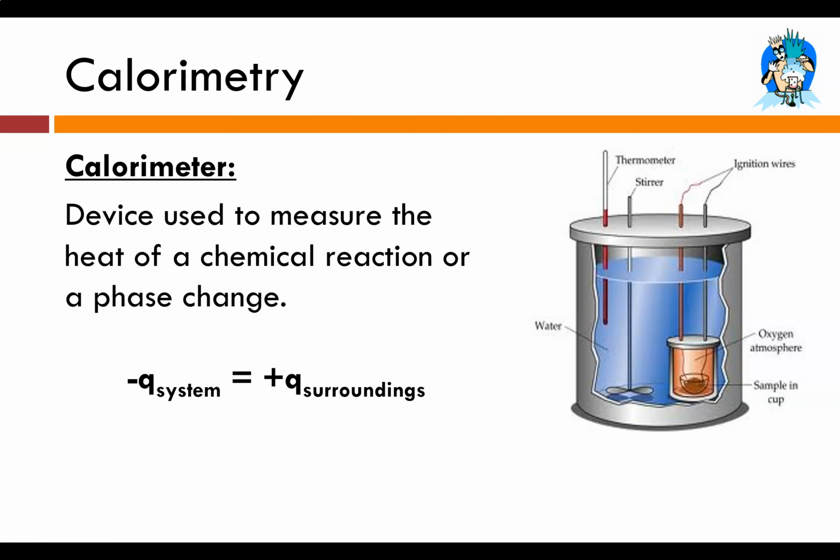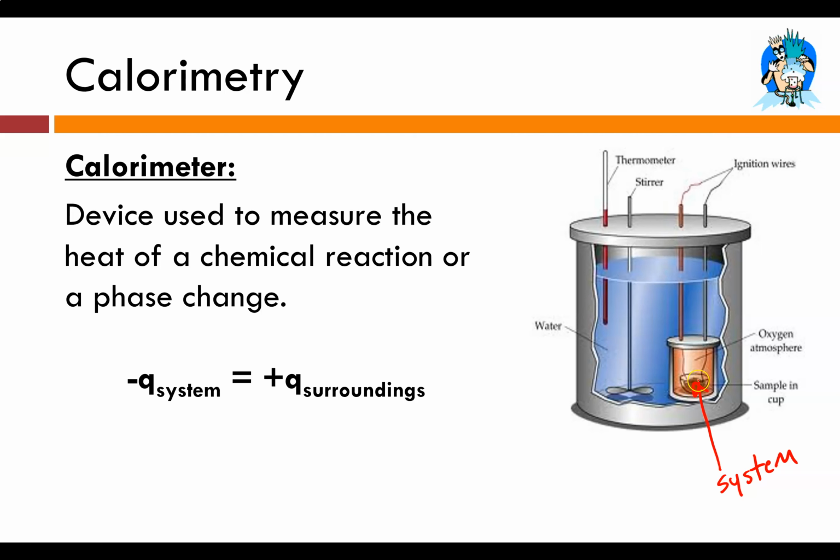We're able to use calorimetry, again, because of the first law of thermodynamics. Whenever energy is lost by the system, and our system is going to be whatever reaction or change is taking place in this little sample cup, it has to be equal to the energy that is gained by the surroundings. So if we burn something, in a combustion reaction, you know from experience that burning something gives off heat.